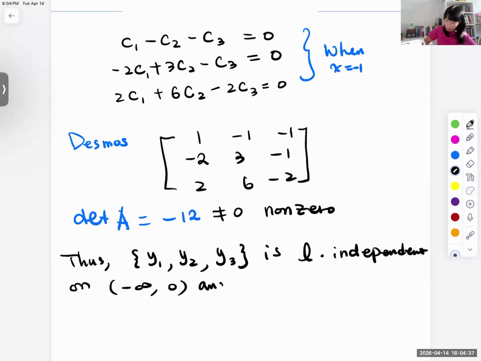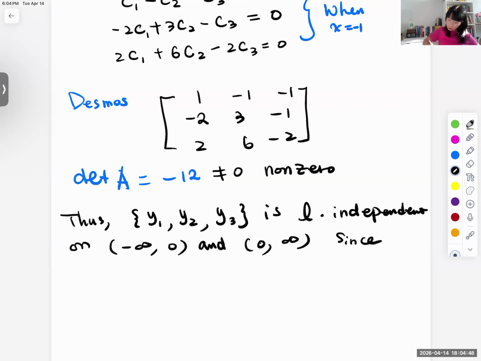since the determinant of A is not equal to 0, non-zero. So that means all C sub i are zeros.